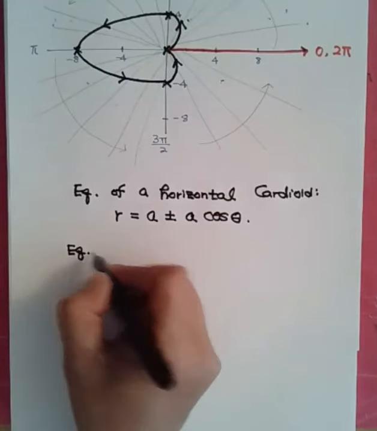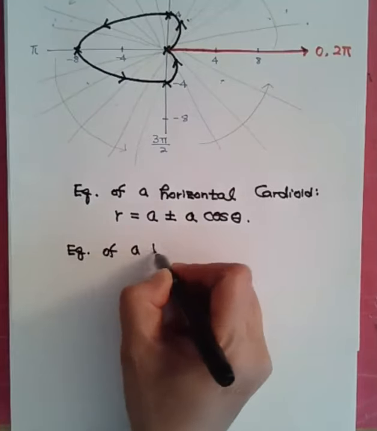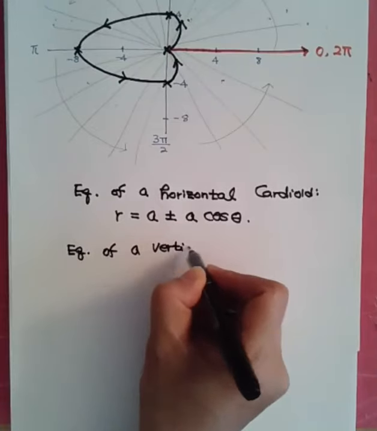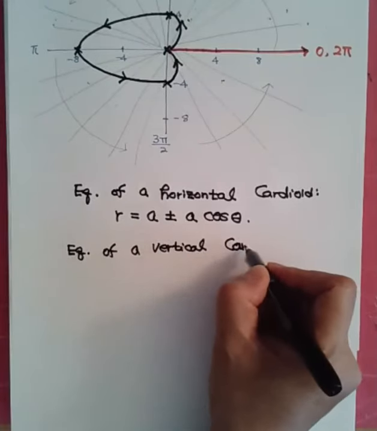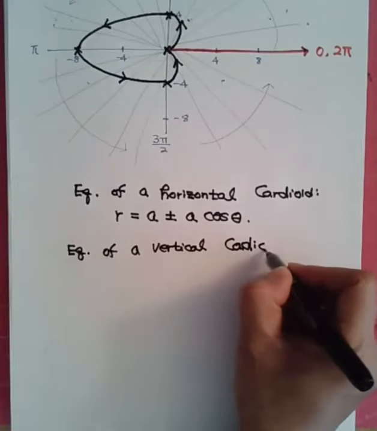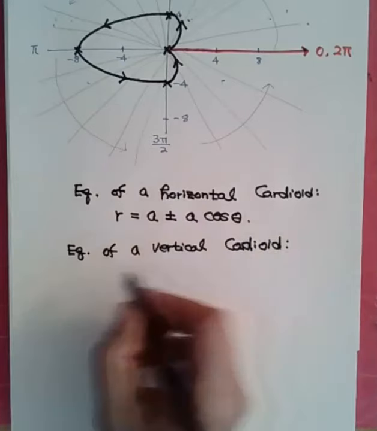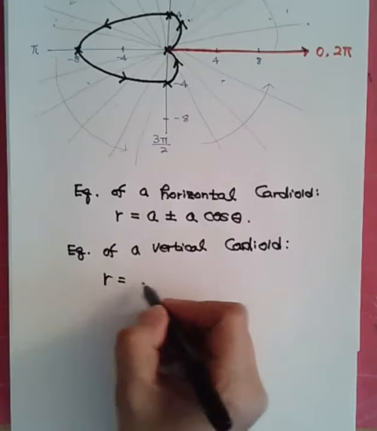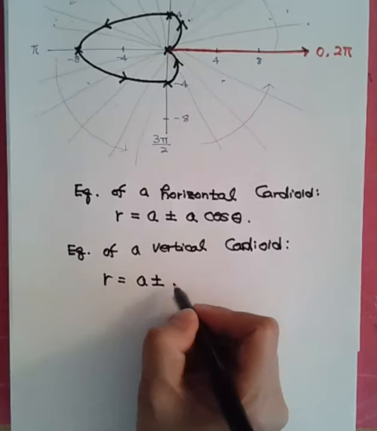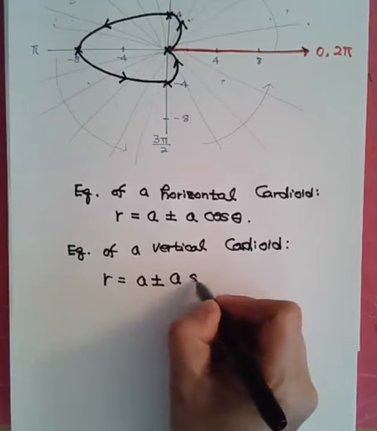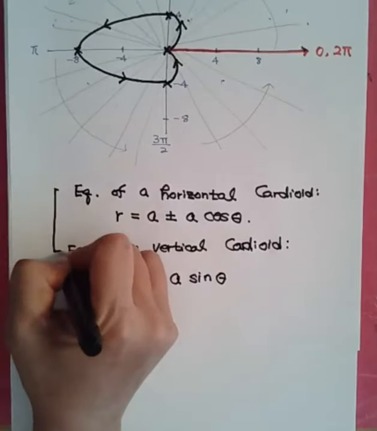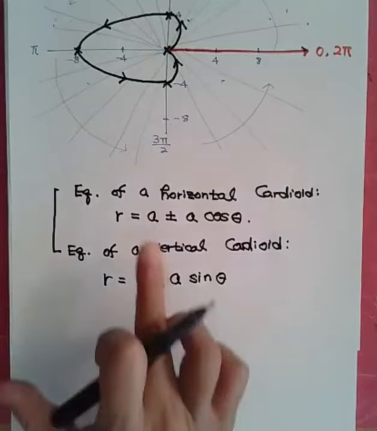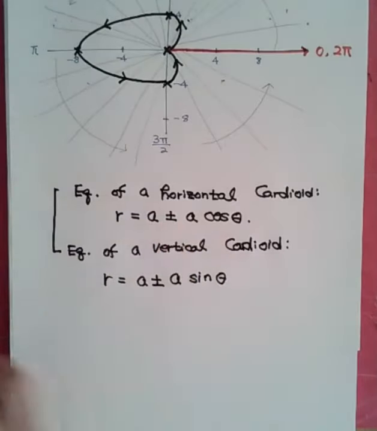And equation of a vertical cardioid is r equals a plus or minus a sine of theta. In cardioid, those are the same numbers.